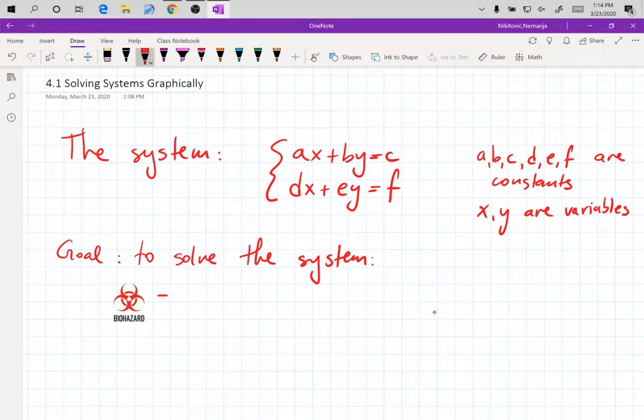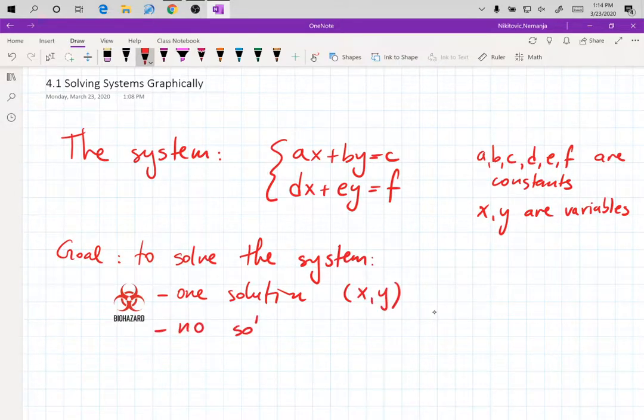So one solution, which is x, y, no solution, or infinite solutions. So we are going to take a look at these three cases.